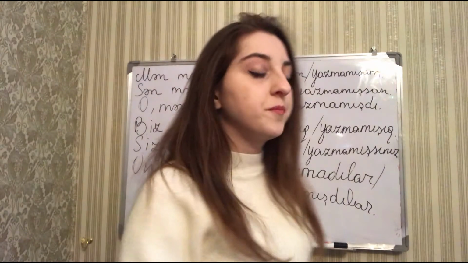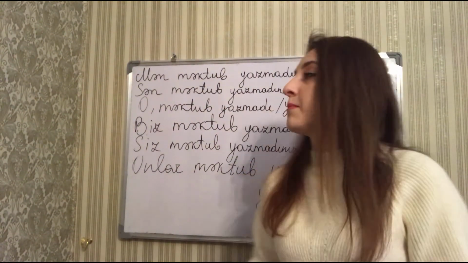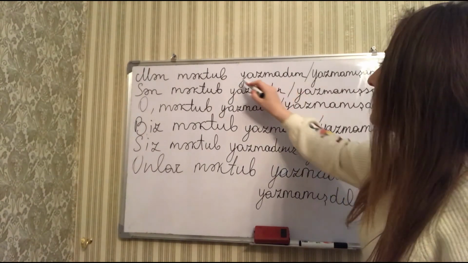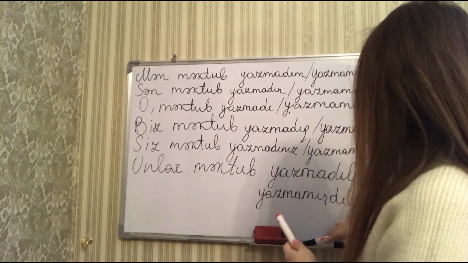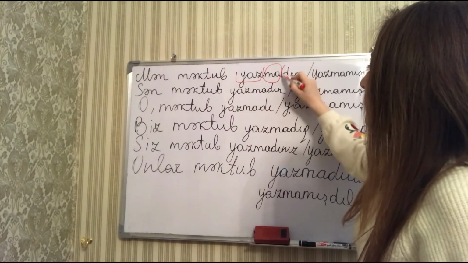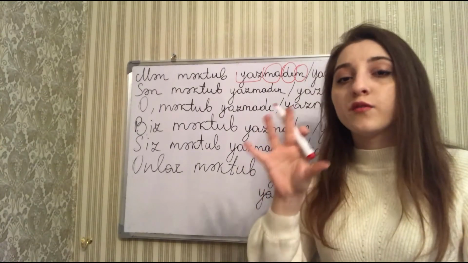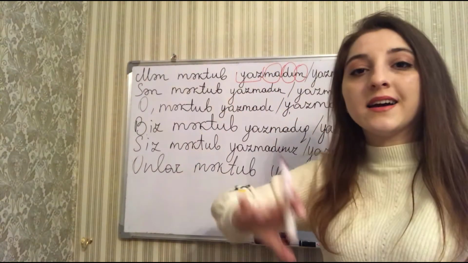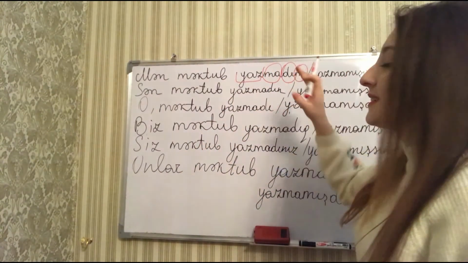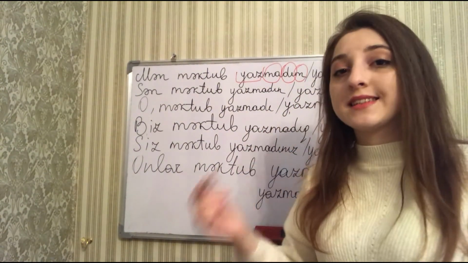The negative form. I didn't write a letter. Mən mektup yazmadım. Yaz verb. Ma negative form. D past form. M personal suffix.